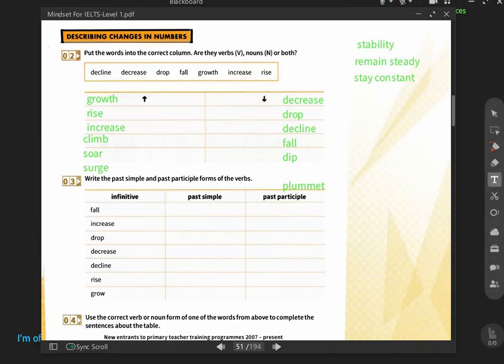Let's see. Okay, fell, is fell, yes, and past participle, fallen. Very good.